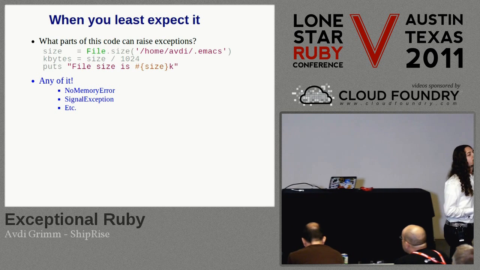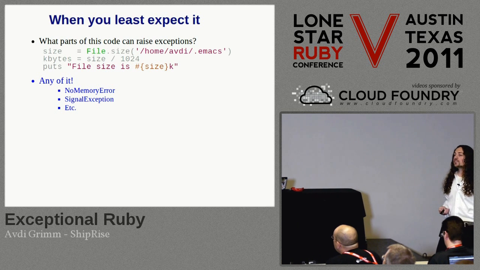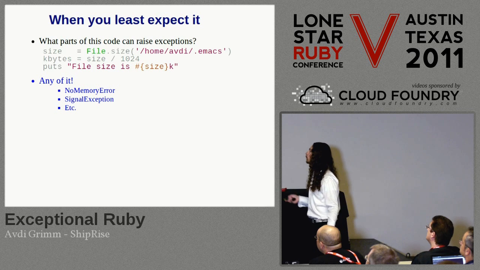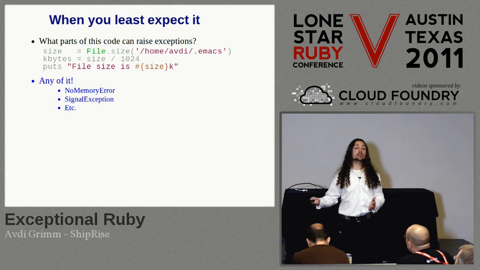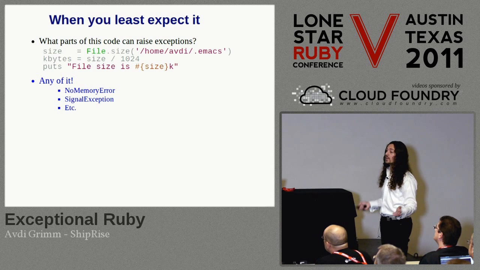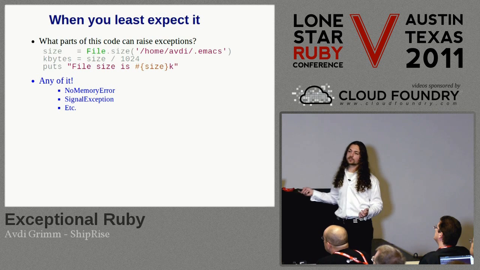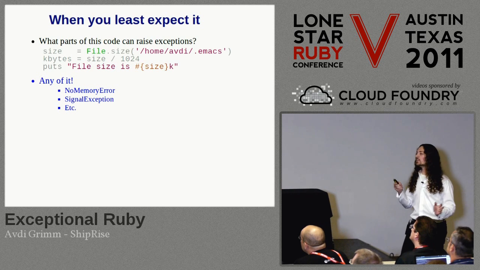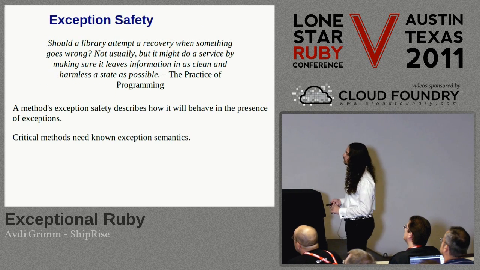Ruby is a language where certain exceptions can be raised at any time. So there are exceptions like no memory error, or if somebody hits Control-C, that interrupt exception, that could happen anywhere. There is no limit. So Ruby doesn't give us any promises about this stuff.